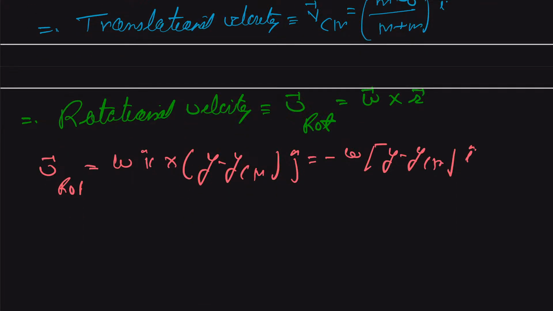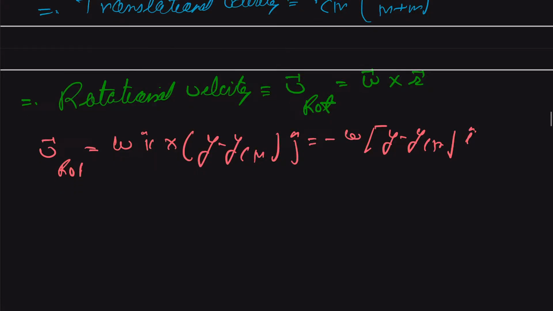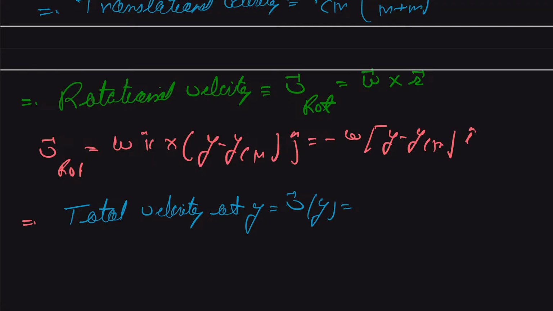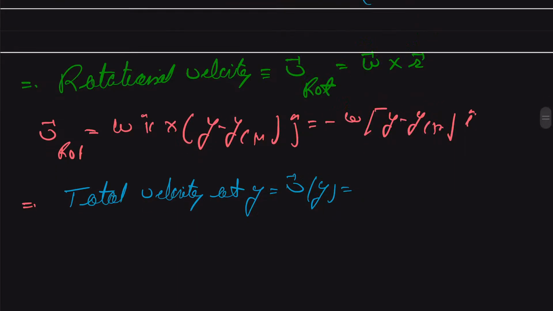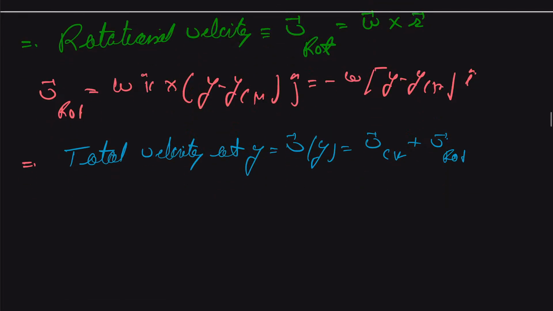So therefore we can say the total velocity at y, let us call this v of y, is vcm plus v rotational.